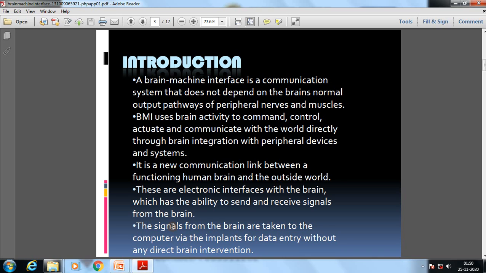Now, if we have a brain machine interface where we control our output functionality, suppose I have a prosthetic hand, which has been created by a system.